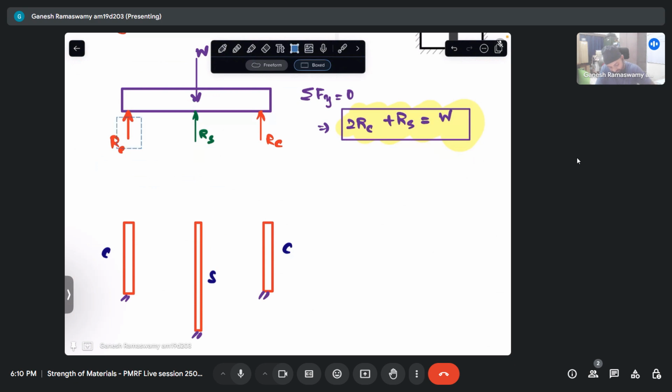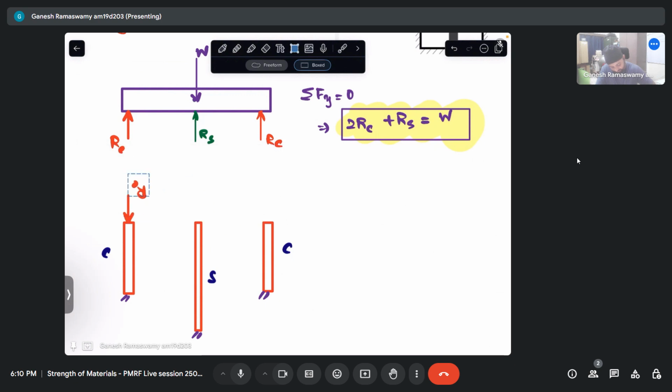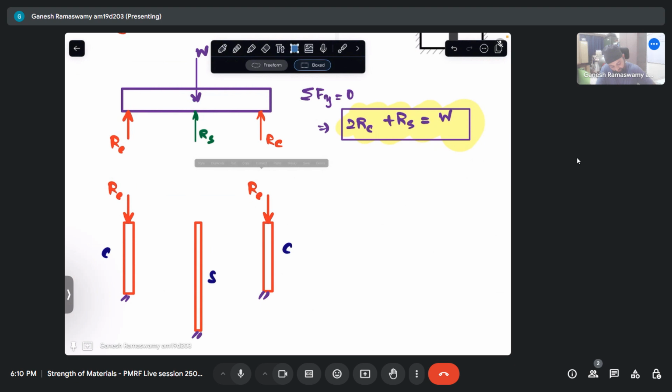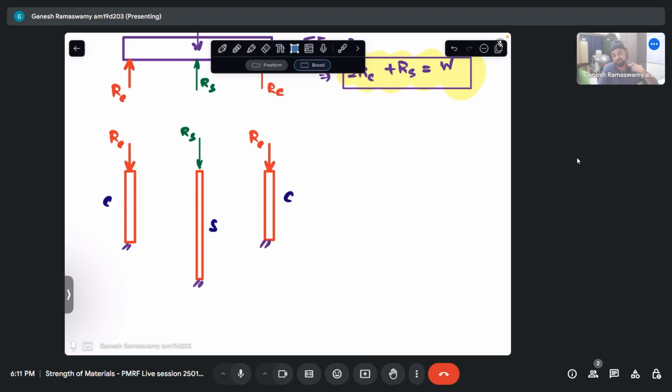Now let us draw the free body diagram of the other pieces. Now we know once I have put it this way, from Newton's third law, I will have to reverse it and put it like that on the other body. So this is Rc. Similarly, this is Rc, and let us take this. This will be Rs. So these are the forces, compressive forces acting on the respective rods.